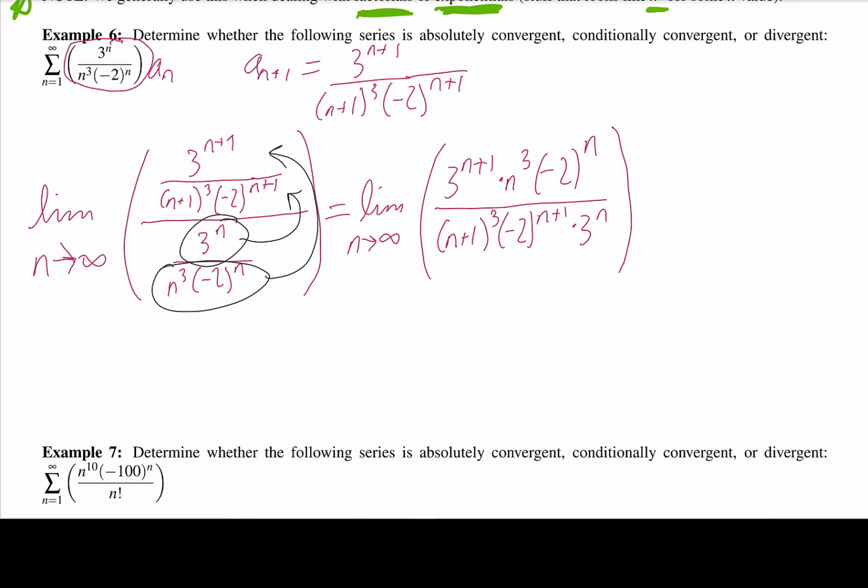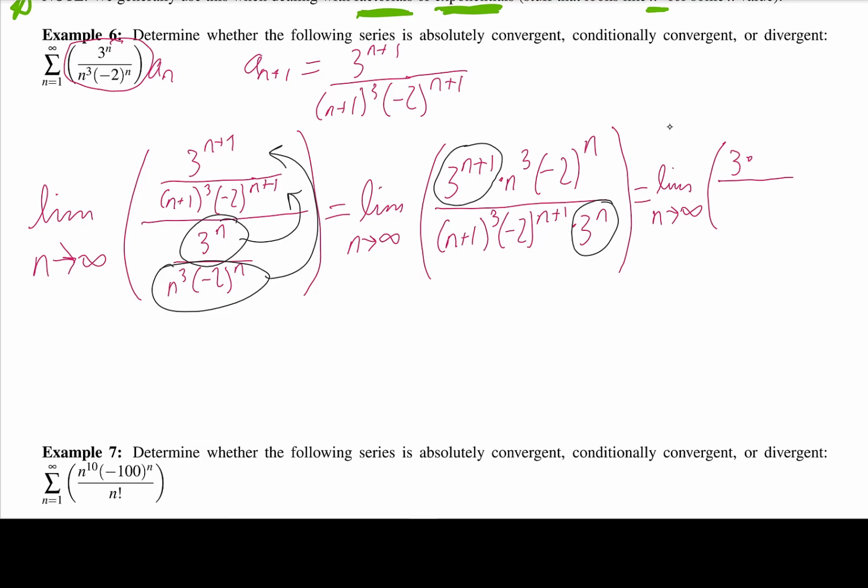So notice I have a 3 to the n plus 1 being divided by 3 to the n. Well, if I subtract exponents, this is going to be just 3 left on top, because n plus 1 minus n gives me just 1, so this is 3 to the 1.